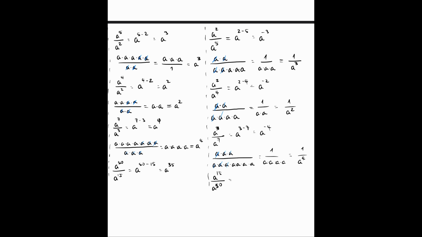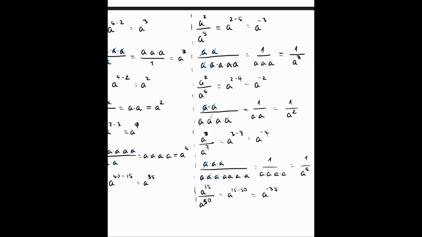And if we tried to use that pattern with our large exponents in our last written example, then we'd have a to the 15th minus 50, which would be a to the negative 35. And that's just weird. What is a multiplied by itself negative 35 times? This might not work, like I said.